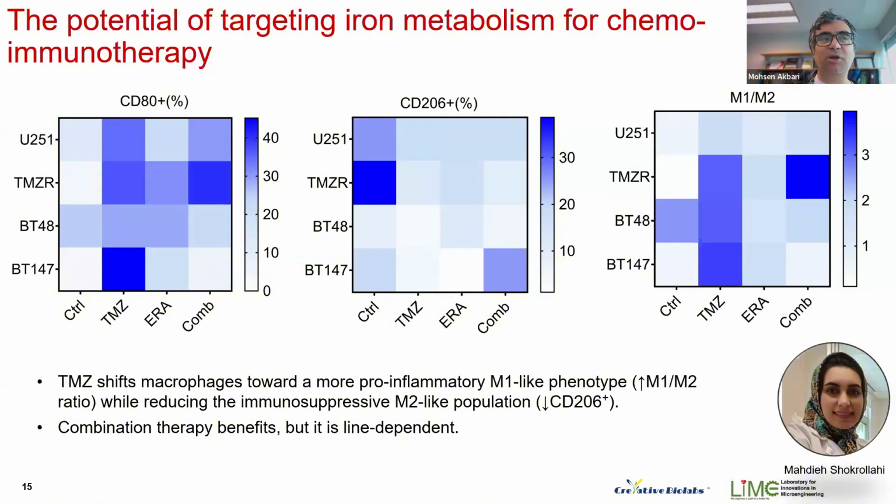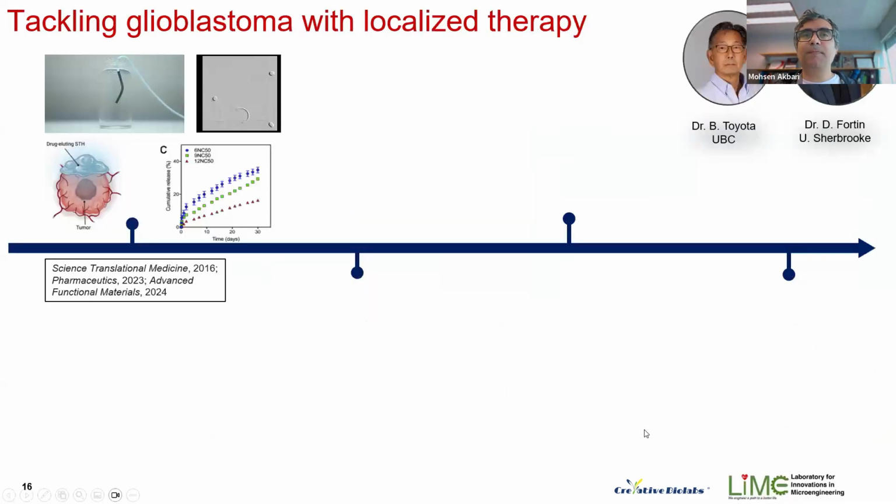Combination therapy of temozolomide and Avastin was beneficial, especially for the temozolomide resistant cell line. But when we looked at the patient-derived cells, we did not see benefit. So the results we observed were line dependent, which raised some interesting biological questions that we are now working to answer with the PhD student Mahdi in my lab.